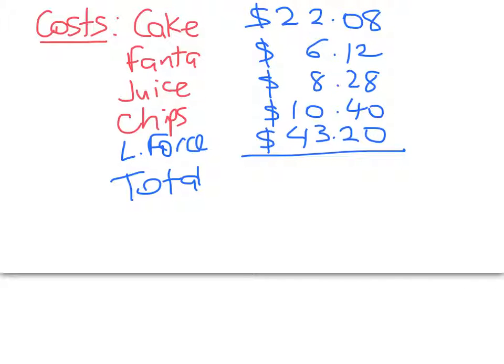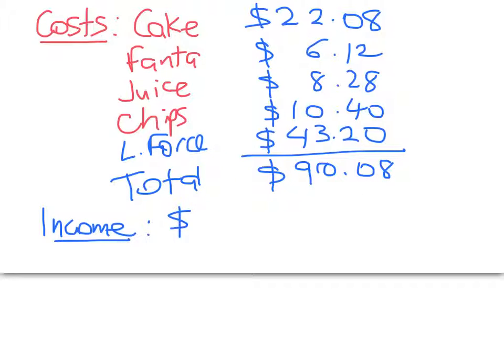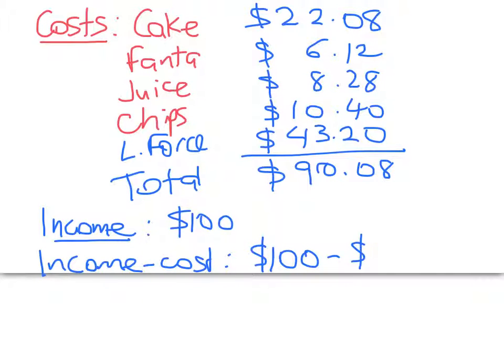Now when I do that adding up, of course you're fine to do it on your calculator, but it's such an easy list you could just do it by hand. You get $90.08. Income, $100. Income, takeaway cost, $100 minus $90.08, which is $9.92.